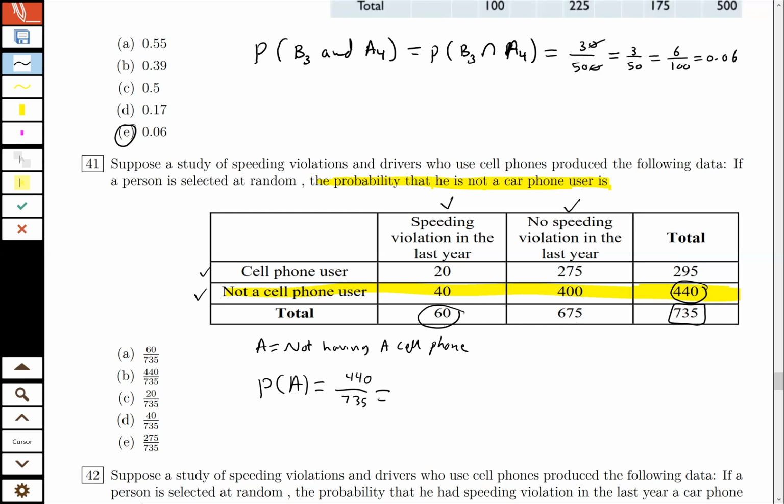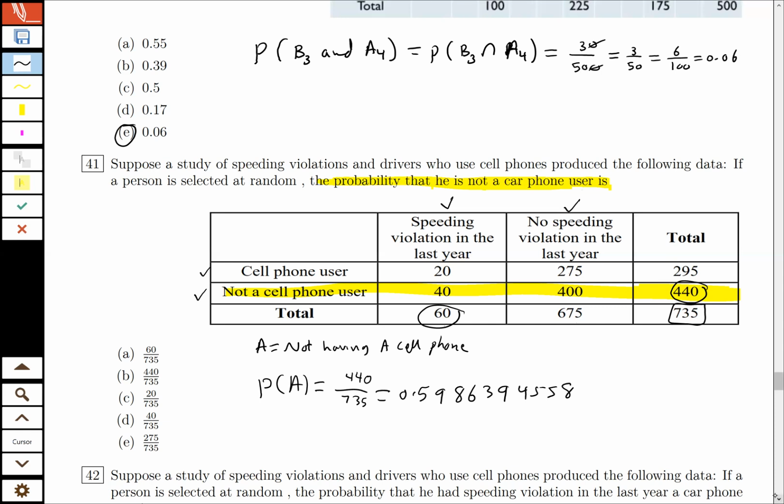If you calculate 440 divided by 735, you will get 0.5986394558.